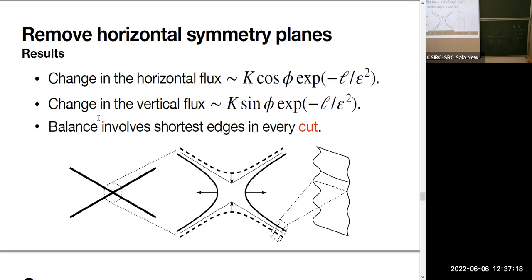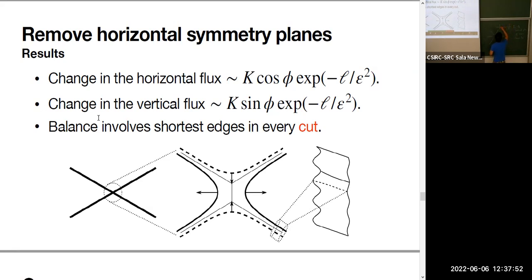And there is a factor that is cosine phi, phi being the phase difference between the two saddle towers glued together. And then there is this exponential minus L, L being the edge length in the graph between the two saddle towers. And epsilon squared is the horizontal parameter. So it's the family parameter. So this is the saddle tower, this is the saddle tower.